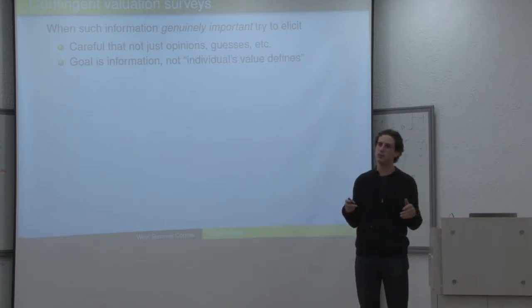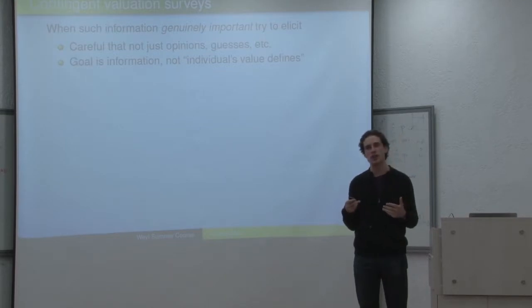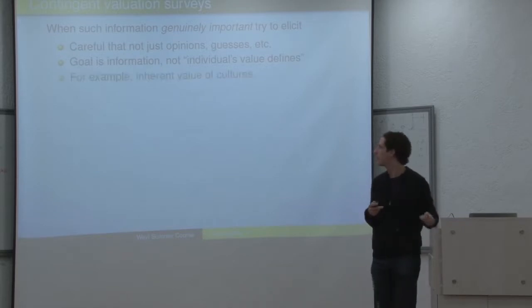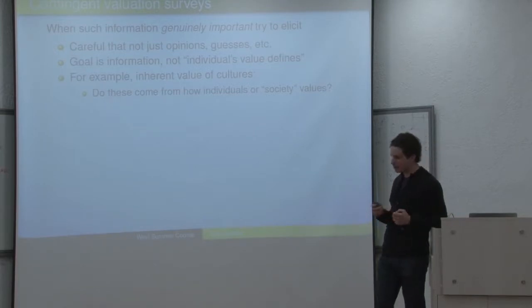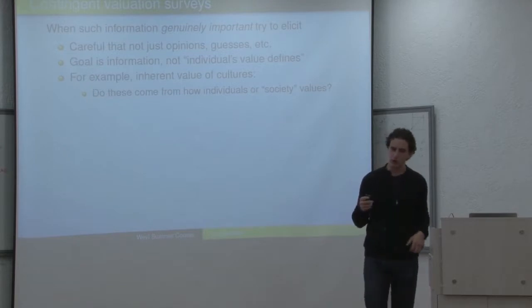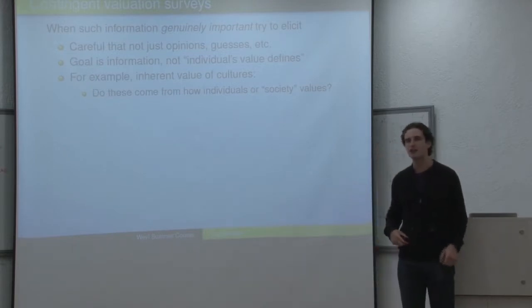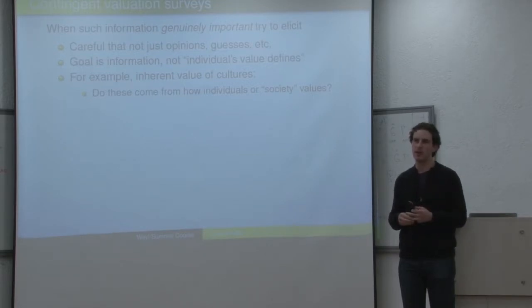It's much better to go to people and ask about things that we genuinely think they know about better than any scientist would, right? For example, if we ask about the inherent values of culture, a natural question is, do the inherent values of culture actually come, say, from a culture continuing to exist, like an indigenous tribe in Colombia that maybe is starting to die out?